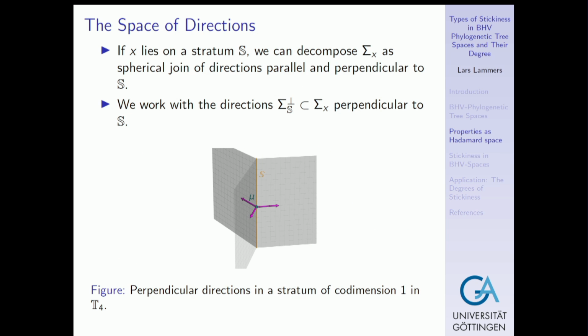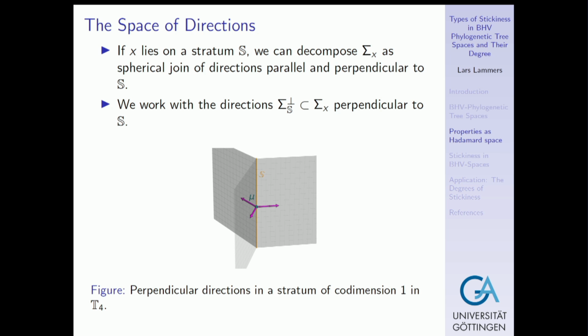For our case, we deal with BHV spaces, and especially we want to look at these lower dimensional strata. In these strata, you can decompose your space of directions at each point into a spherical join of directions corresponding to moving through the stratum, and also ones that are perpendicular.